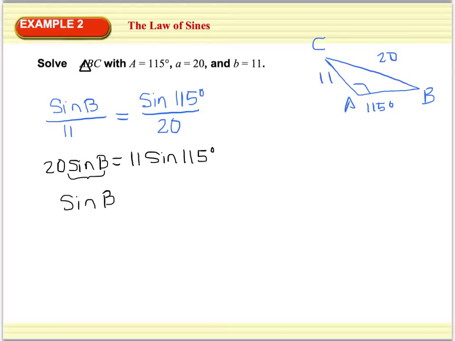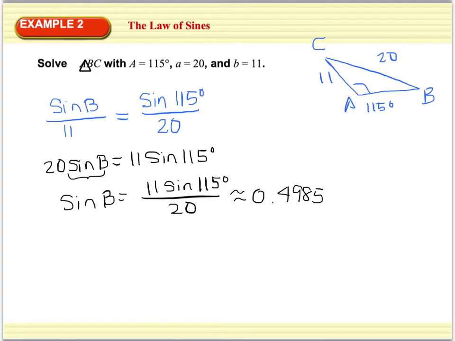So the sine of B is equal to 11 times the sine of 115 degrees divided by 20. And if you put this in your calculator, you'll see that this is approximately 0.4985.